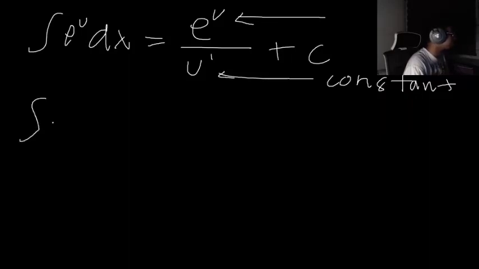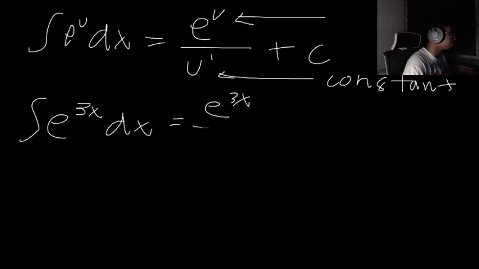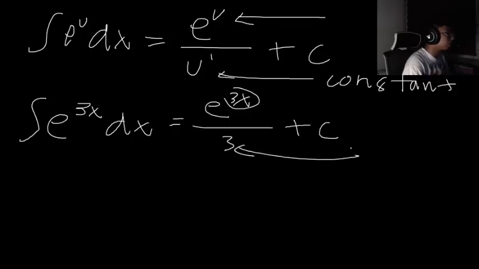Let's say e raised to 3x dx is equal to e to the 3x, then the derivative of 3x, which is 3, plus c. The denominator is a constant, so this will be the right answer.